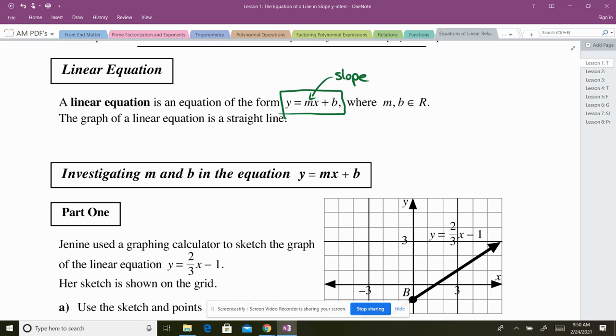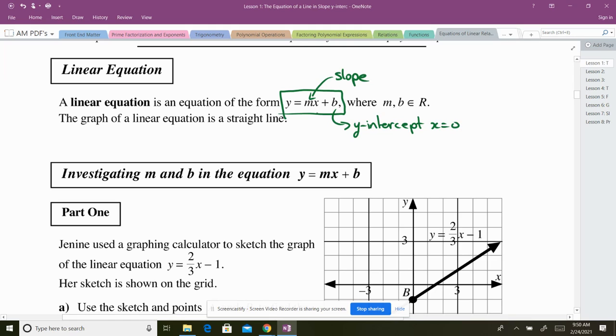Now the only new bit of information is this b value, which is the y-intercept. What's the value of x at the y-intercept? 0. That's when x is 0.